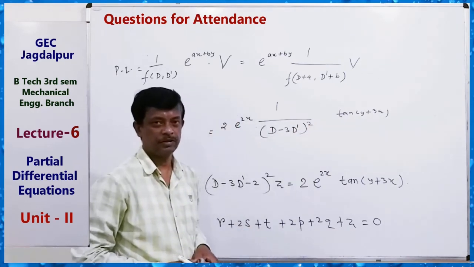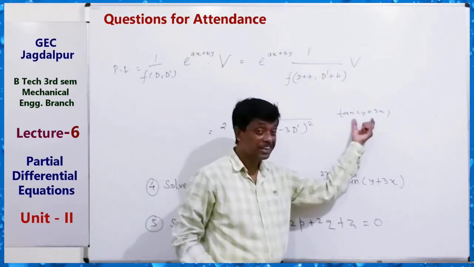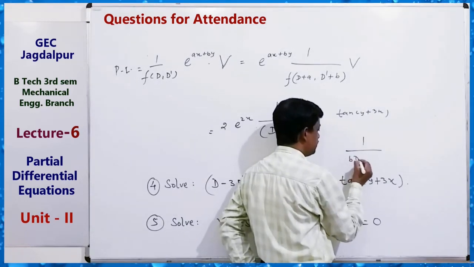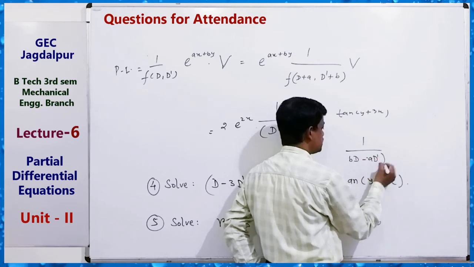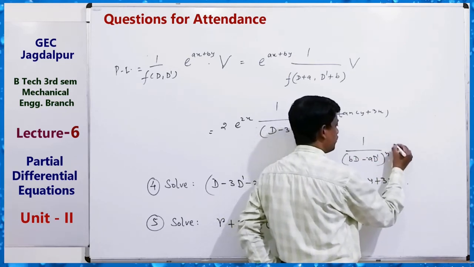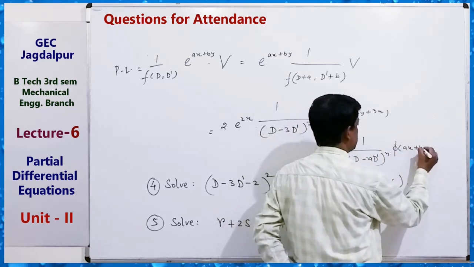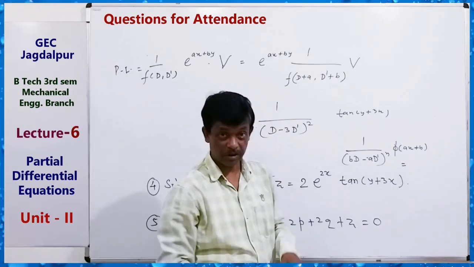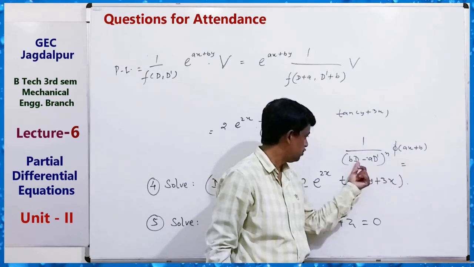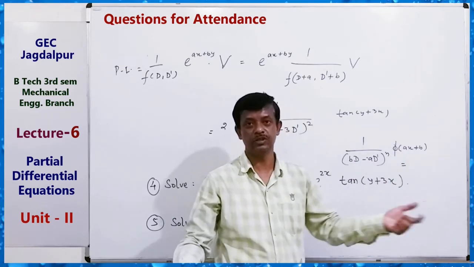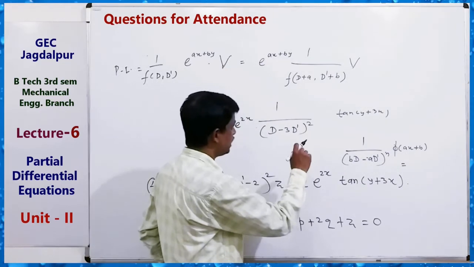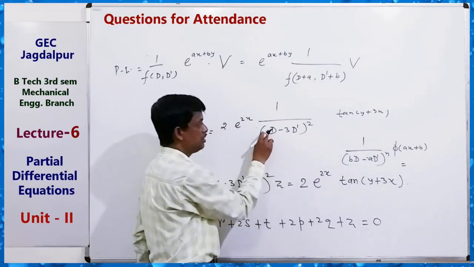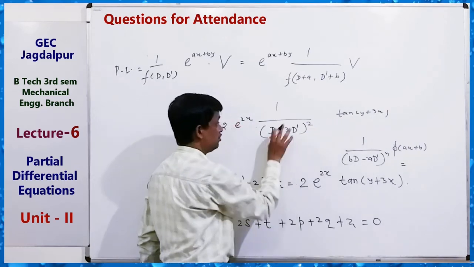Now for the function we have the formula 1 upon bd minus ad dash power n, function of ax plus by, is equal to what? If this is equal to 0, because here if we put a in place of d, ab minus ab is 0 factor. For that here we see that d means 1, d dash means 3, minus 3 into 1, 0.